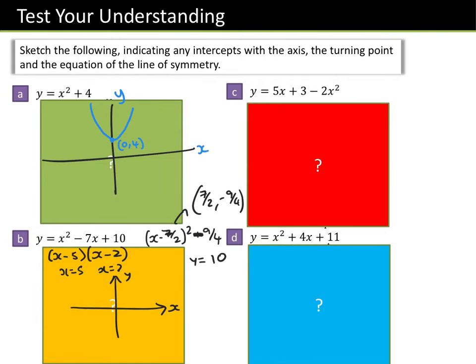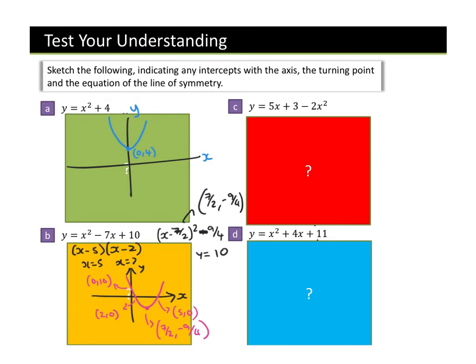We know the roots are 2 and 5, so it crosses at (2, 0) and (5, 0). We have (0, 10), and then our minimum is (7 over 2, minus 9 over 4). That is exactly 4 marks, and as a class we should be getting comfortable with that. That is our minimum expectation, GCSE and a little extension, so well done if you got that right.